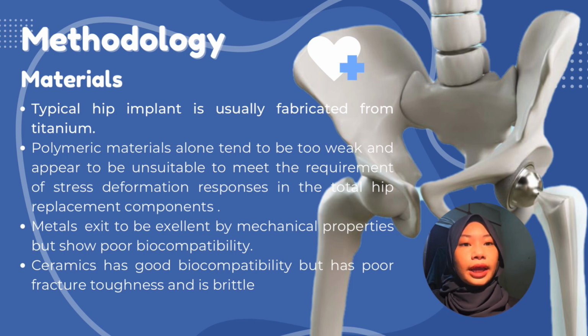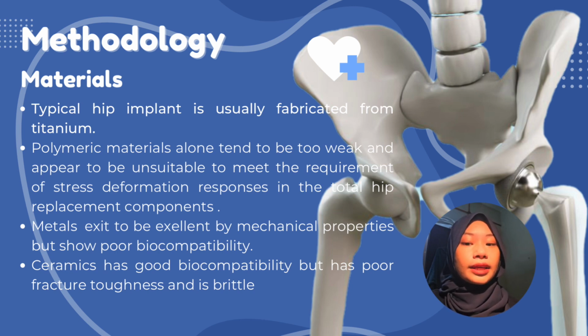So let us look at the properties of the other materials. Typical polymeric materials alone tend to be too weak and appear to be unsuitable to meet the requirements of stress deformation responses in the total hip replacement components.